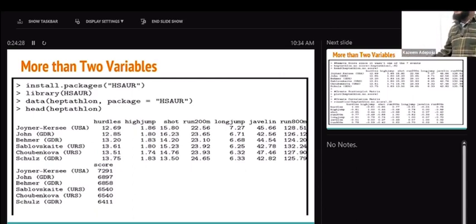Why are we so worried about a lot of variables? We're worried because some of them are going to be related. And when explanatory variables, when independent variables are related, they will give the same statistical information.